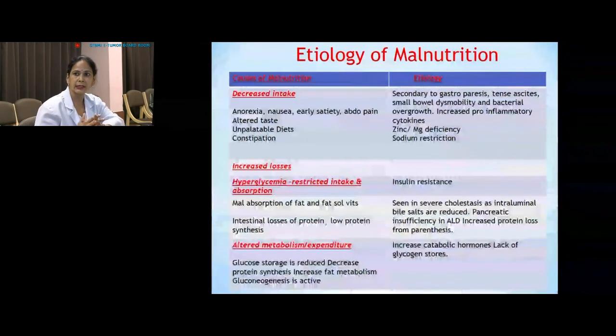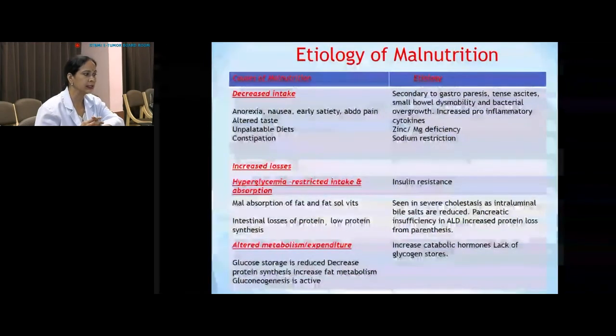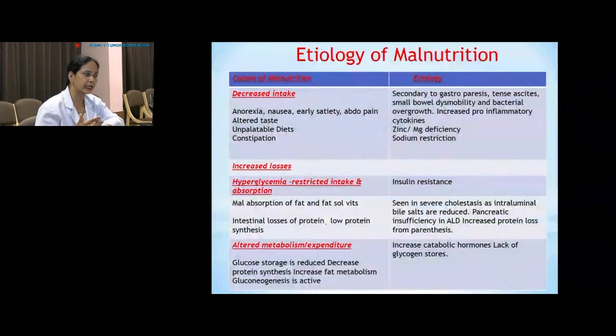Cirrhotic patients with diabetes are insulin resistant, so they restrict their diet in carbohydrates and in fat intake because of hyperglycemia or diabetes.